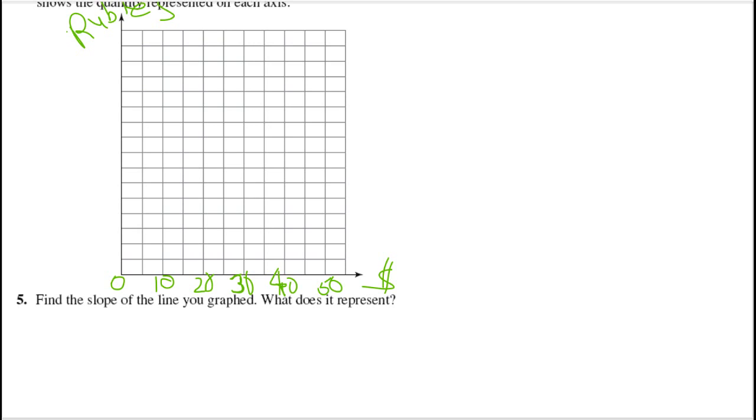And I've got 1, 2, 3, 4, 5, 6, 7, 9, 10, 11, 12, 13, 14, 15, 16. So every 4 lines is going to be 1,000. So if I want to go up to almost 4,000, I have 16 lines. I basically divide 4,000 by 16, which means 250 per line. So if I skip a line, that's 500.